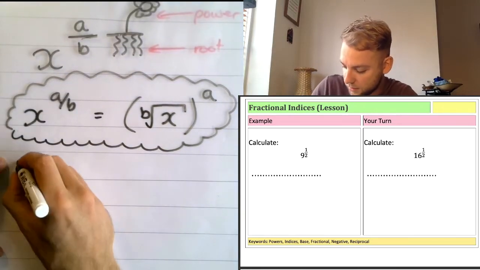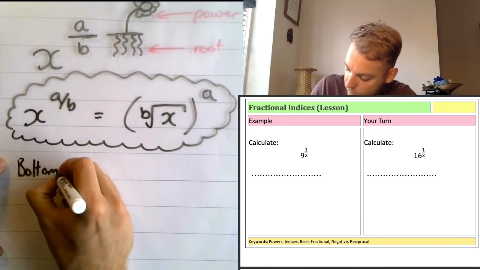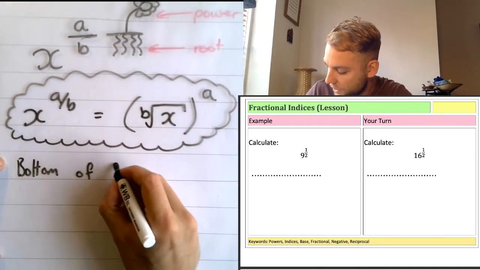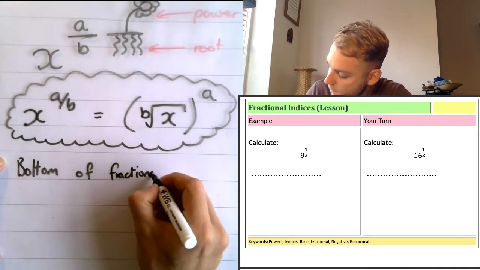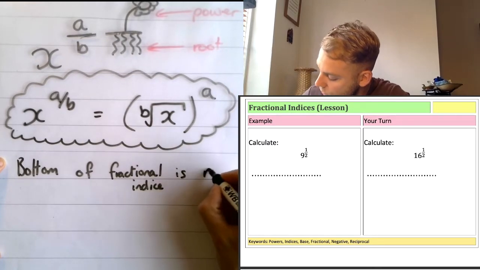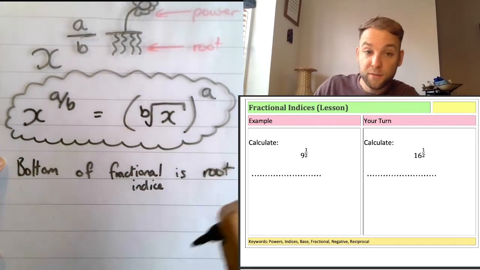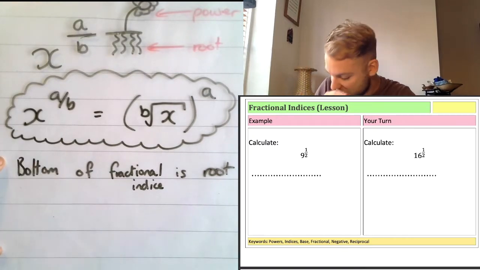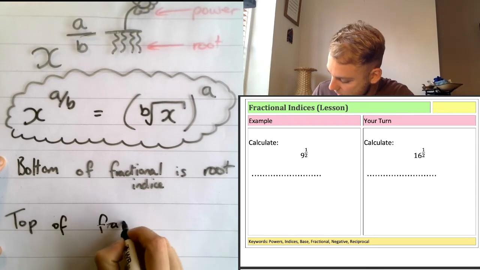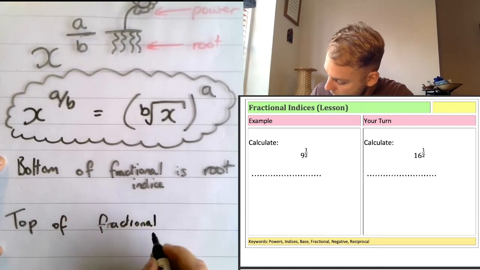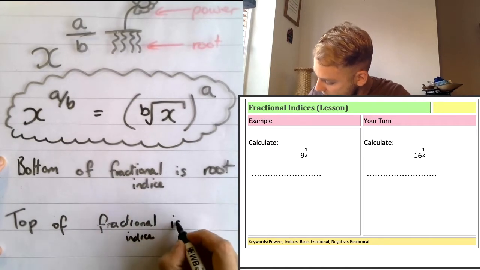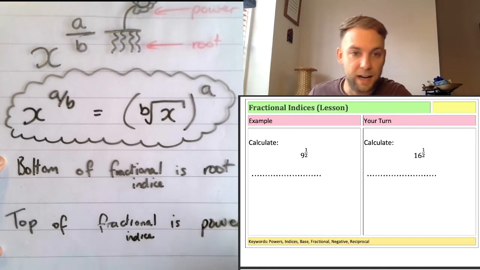If you want to write that down as well, the bottom of the fractional indice is the root, like the bth root or the third root or the square root, and the top of the fractional indice is the power. This is really important, okay?